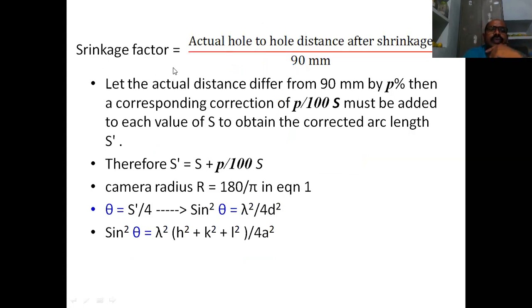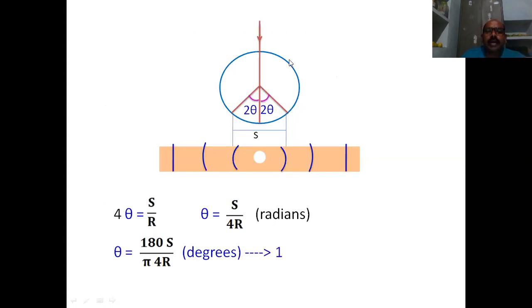It is removed in this way. The shrinkage factor is equal to the actual hole to hole distance after shrinkage divided by 90 mm. In this case, we use a camera of radius 180 by pi mm, which is 57.3 millimeters.